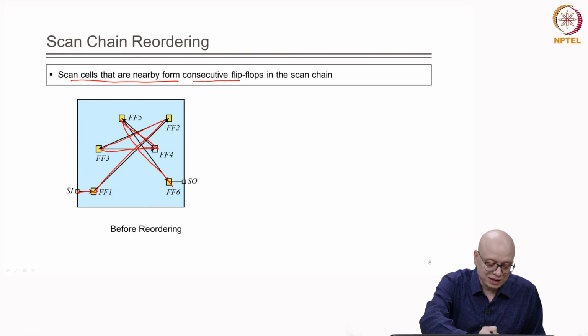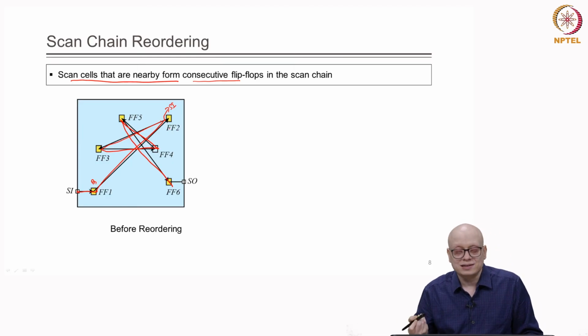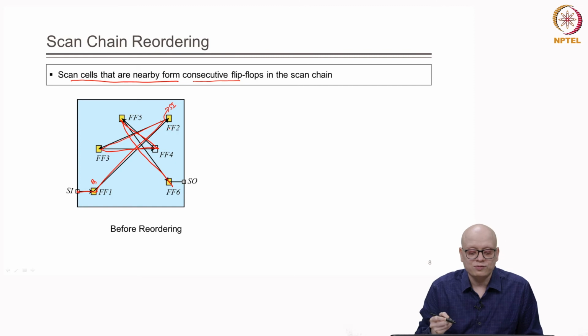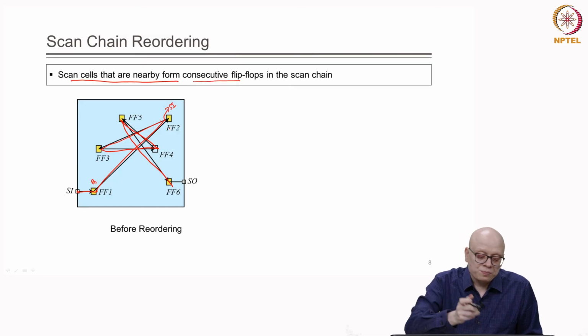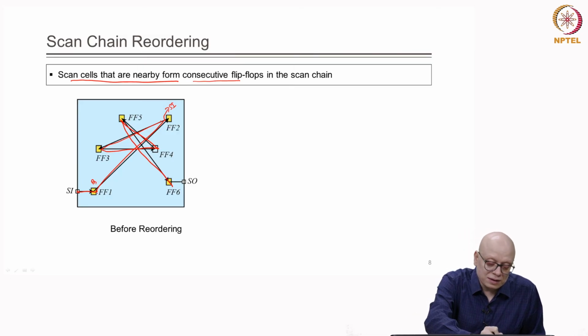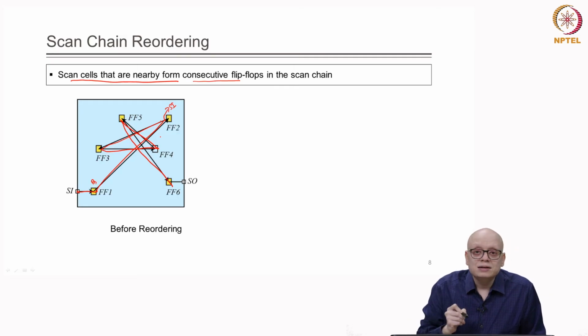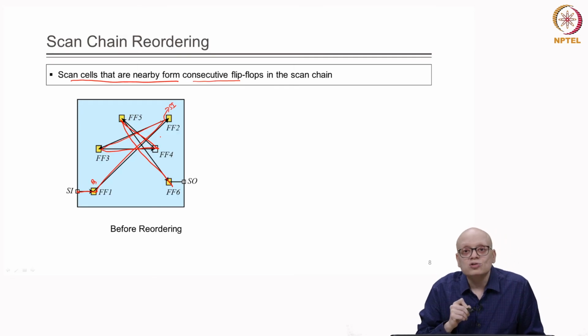For example, there will be a net going from the FF1 Q pin into the scan input pin of FF2, which is a scan cell. All these FF1, FF2, FF3 are scan cells and they were replaced during DFT. So, if we consider the routing resource utility, this scan cell ordering is not a good one.